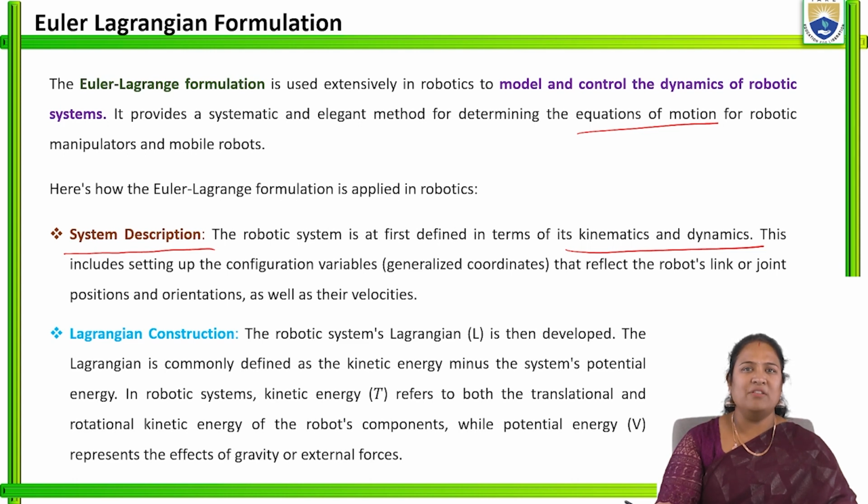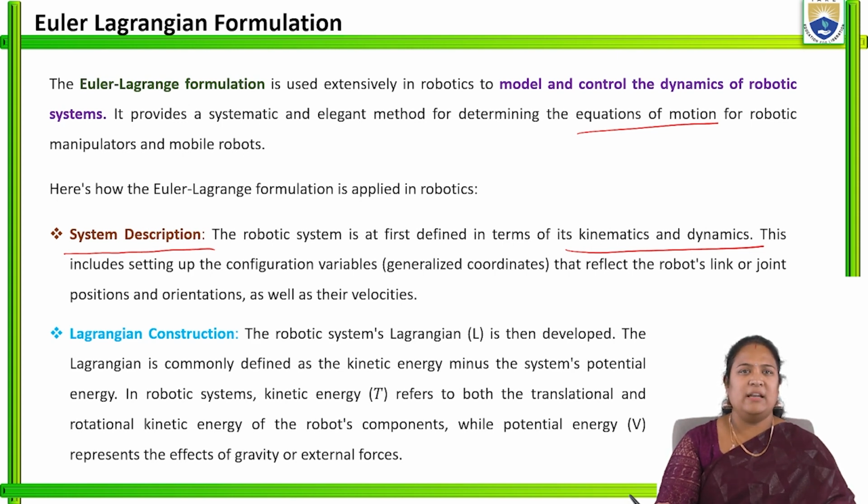It involves the configuration variables, which reflect the joints, links, and the position and orientation of the robot, as well as their end velocities. Any robot manipulator or end effector has some velocity, and based upon that velocity, its motion analysis is done.